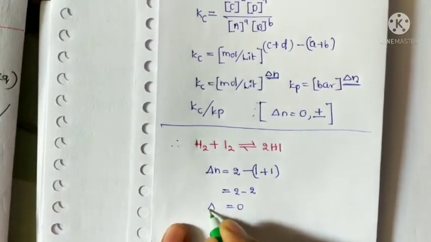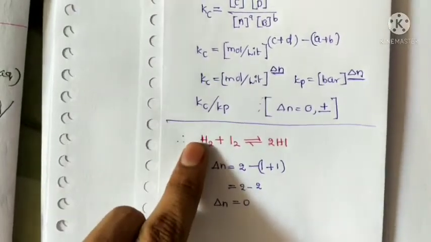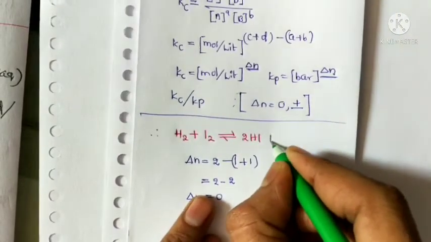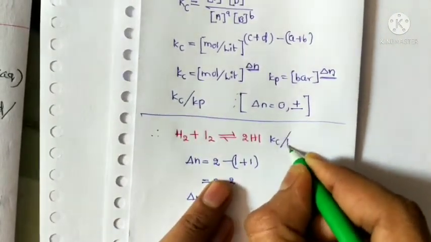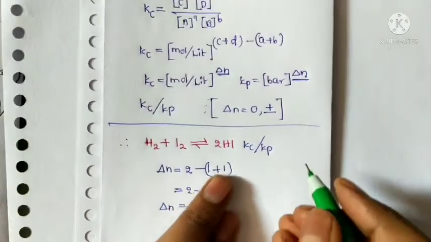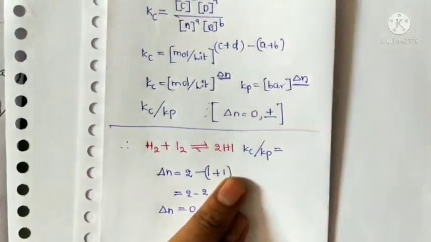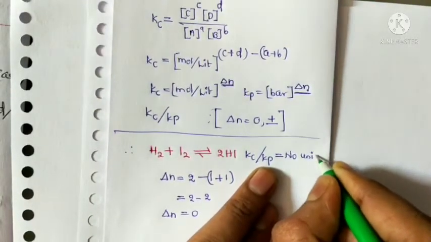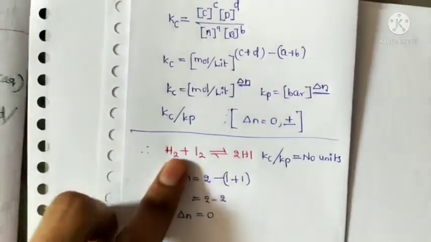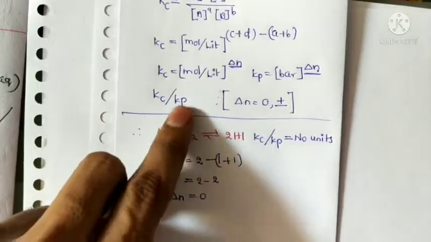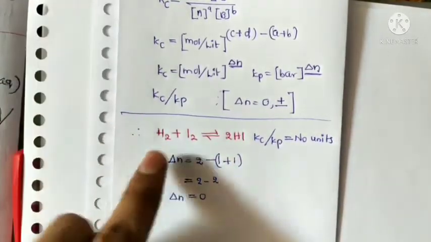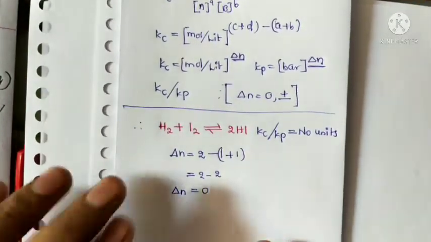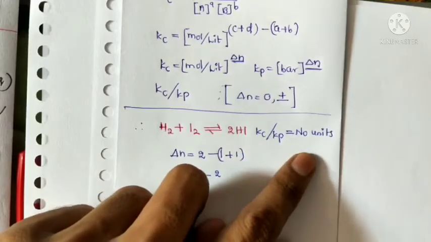So delta n is 0. That's why for this reaction we cannot express Kc or Kp units, that means no units. Depending upon the reaction, the units of Kp or Kc can be expressed. If delta n is equal to 0, Kc and Kp have no units.